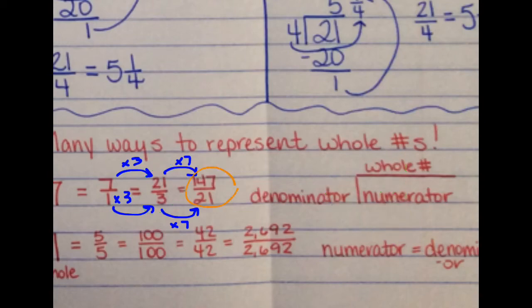If you look at the last example right here, 147 divided by 21. 21 will go into that 7 times, with nothing left over.